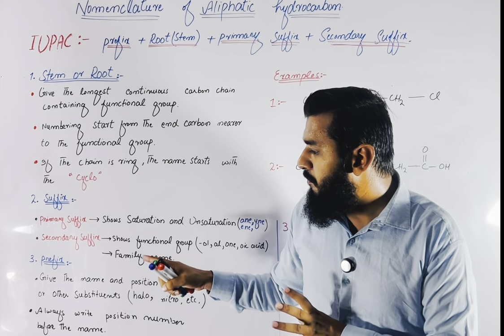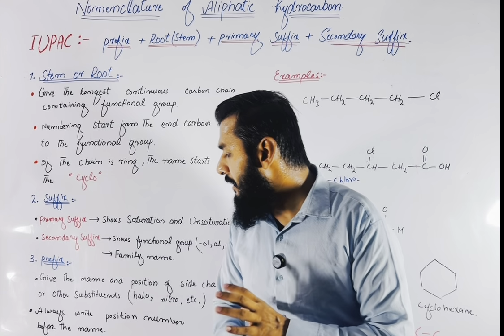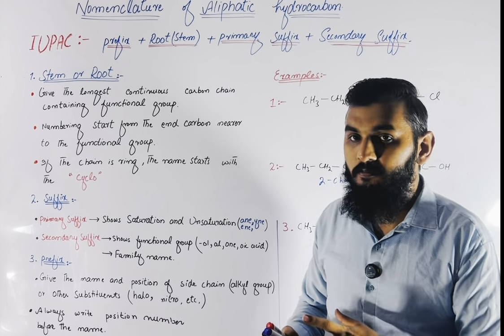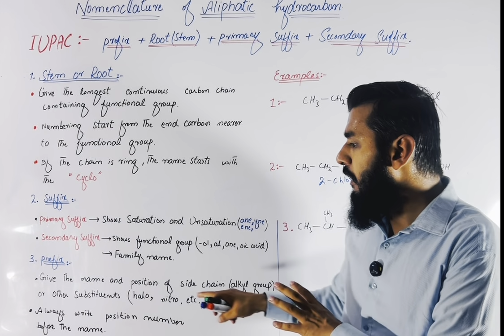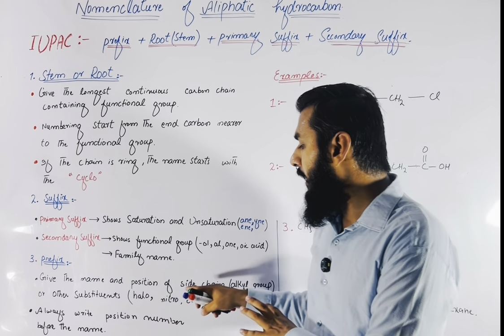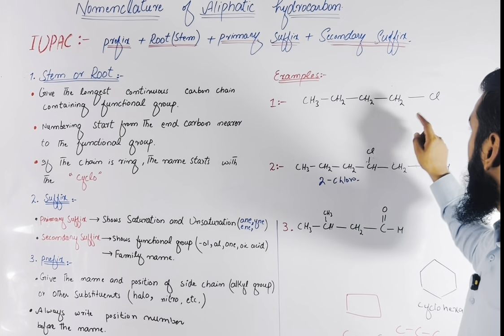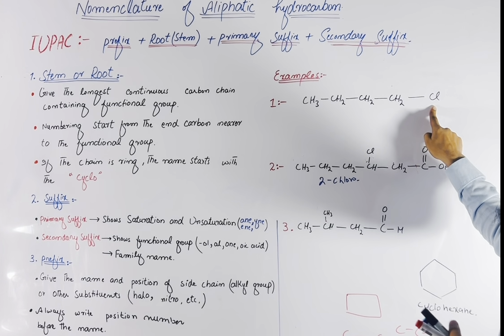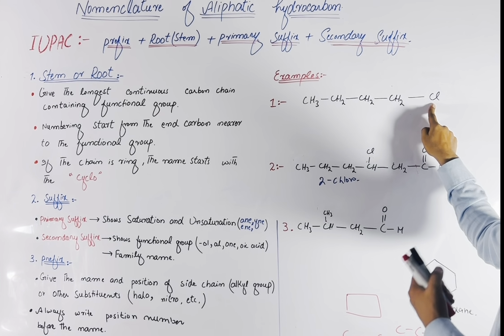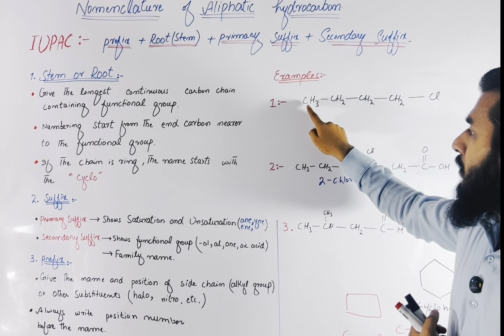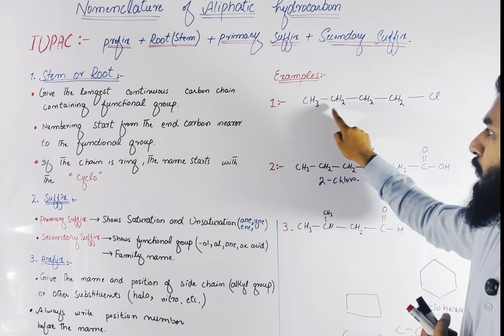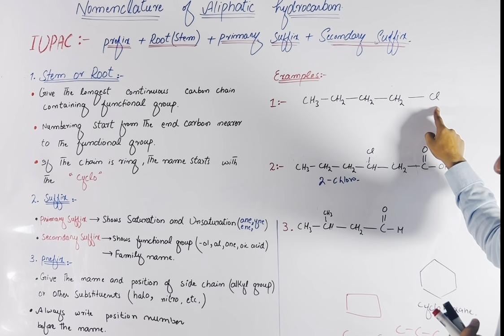And the third one is prefix. Prefix basically gives the name and position of the side chain, maybe an alkyl group or other substituents such as halo and nitro. This one is a chloro group or halo group, attached as a functional group to the longest carbon chain. For example, carbon number 1, 2, 3, 4. So this is butane and this is a functional group.